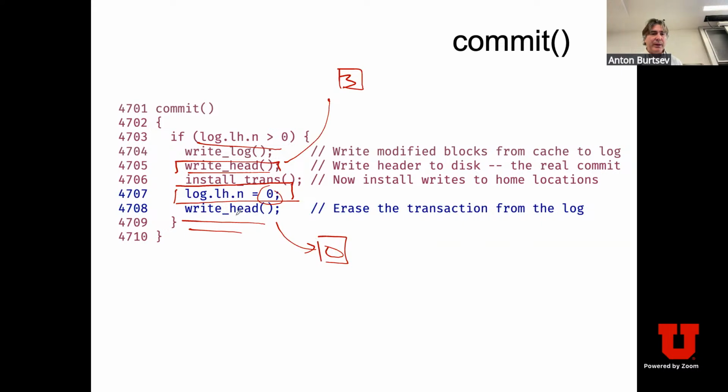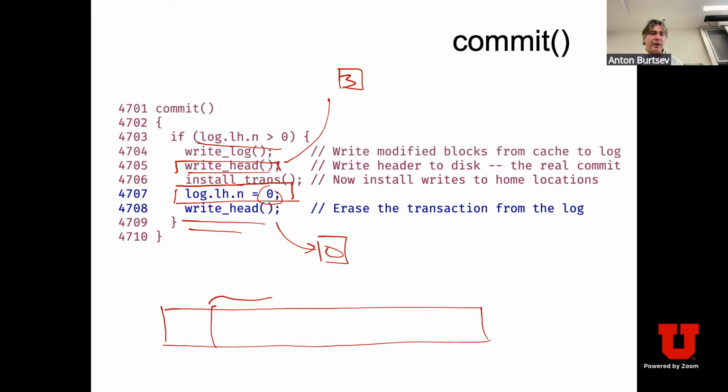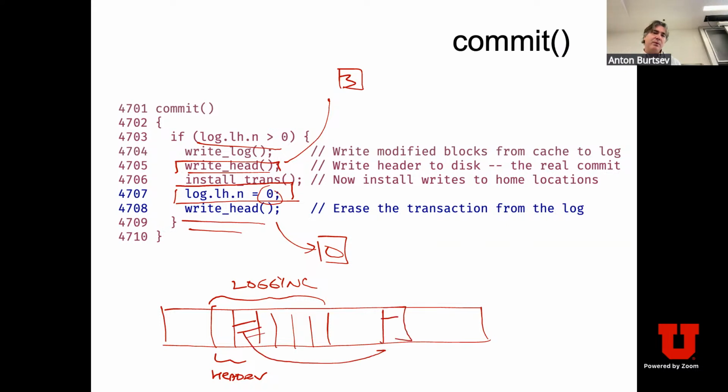If this is again your logging area of disk, it has a tiny header here and a bunch of other data blocks. And these data blocks we just wrote into the data area. We don't do anything with these data blocks. We just forget about them by updating the size of this log to 0. And at this point, the transaction is fully erased from the logging area.